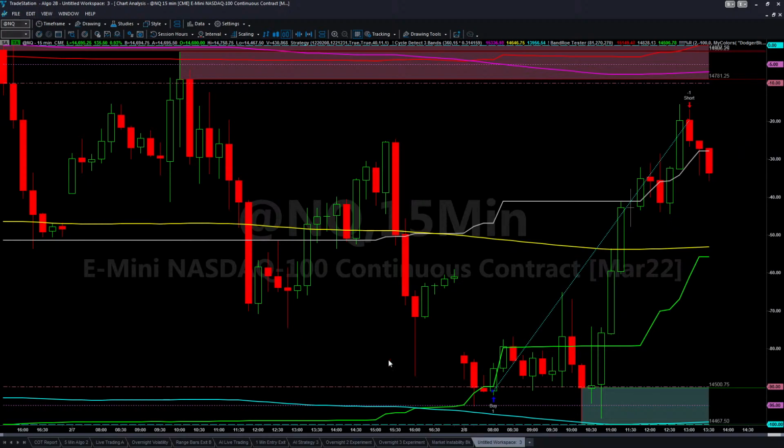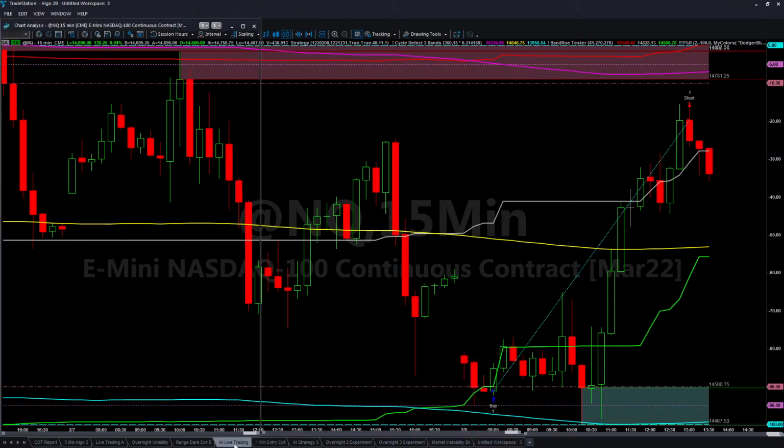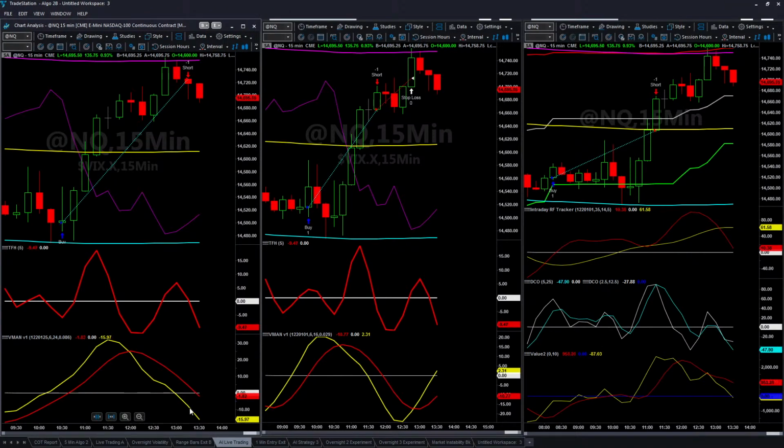Let's take a look and see how much more downside we've got left on that. Oh yeah, we've got quite a bit. We do have quite a bit of downside left on this trade right here.